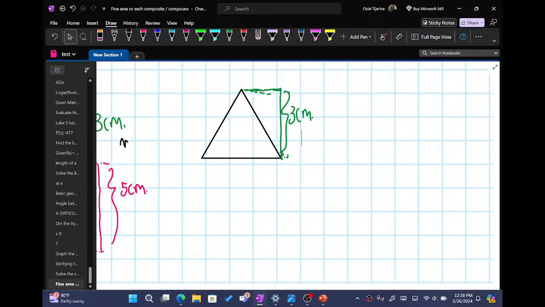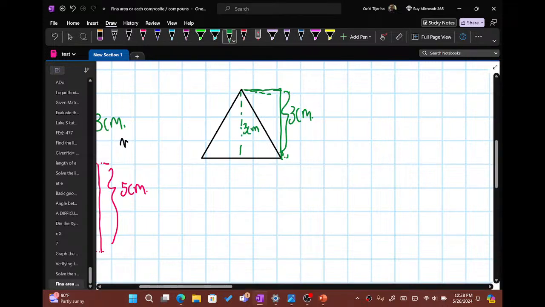So we want to make sure that we know that, okay? Now, so this is 3 centimeters, okay?